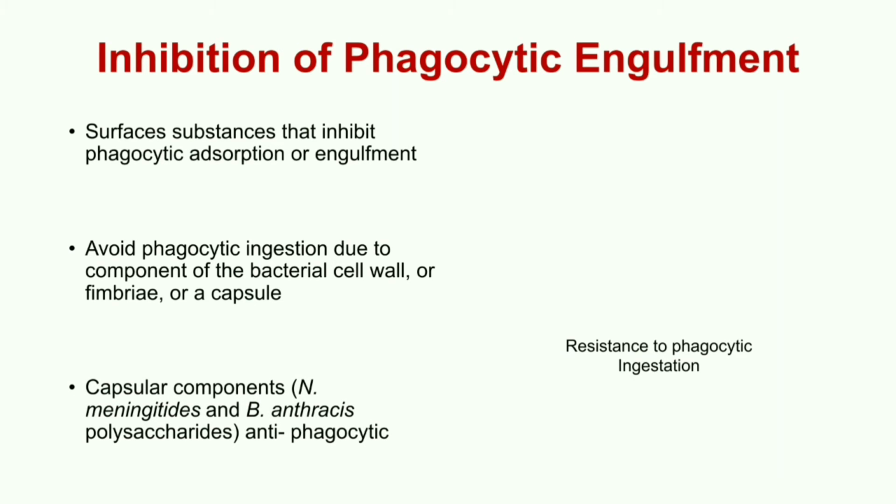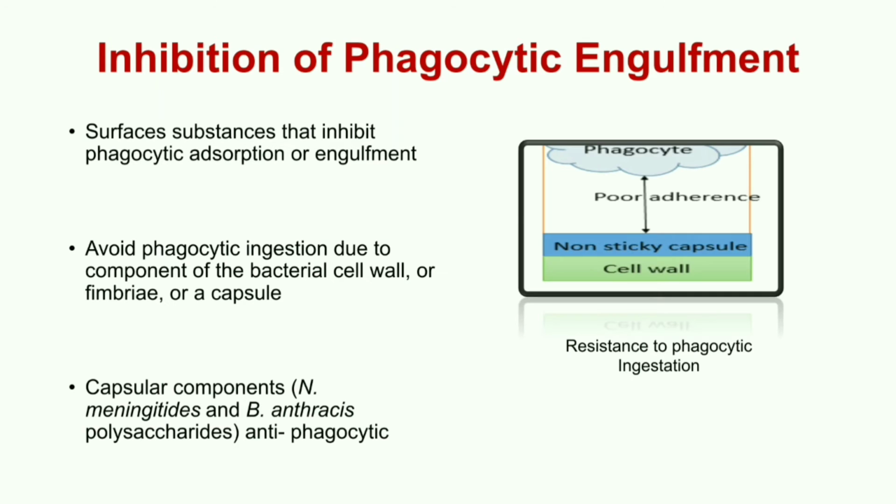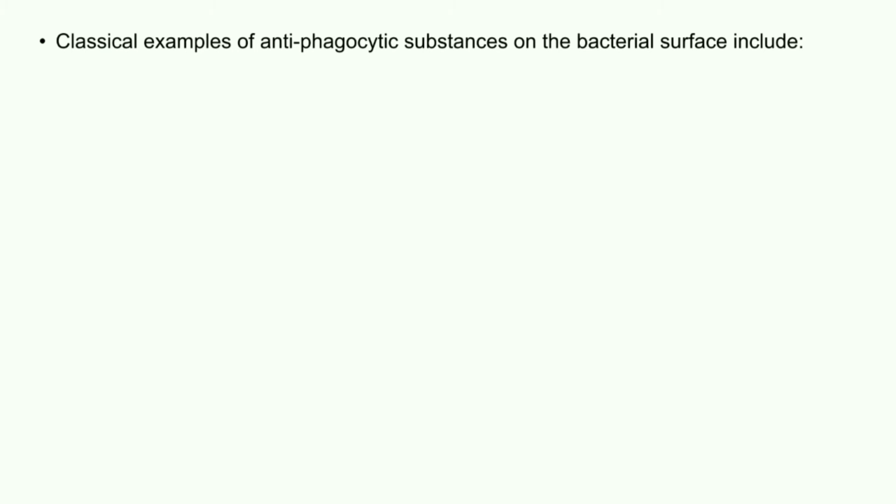One such example is the capsular components. Capsular components of Neisseria and Bacillus are antiphagocytic, that is, they prevent the fusion or attachment of the phagocyte to the cell wall. Some examples of antiphagocytic substances are as follows.